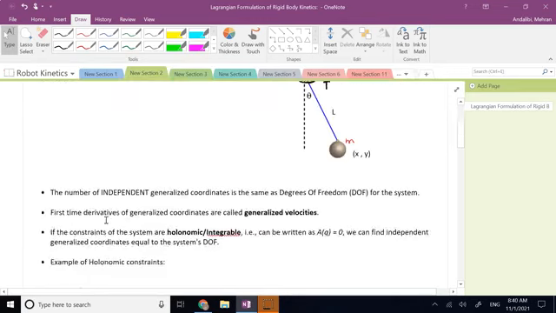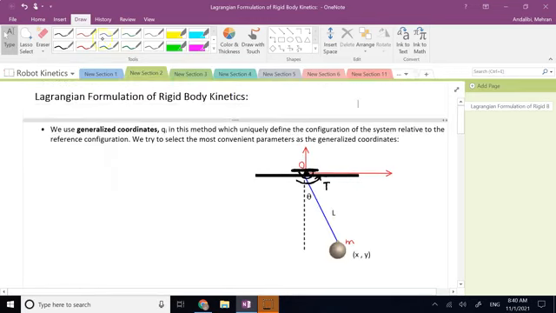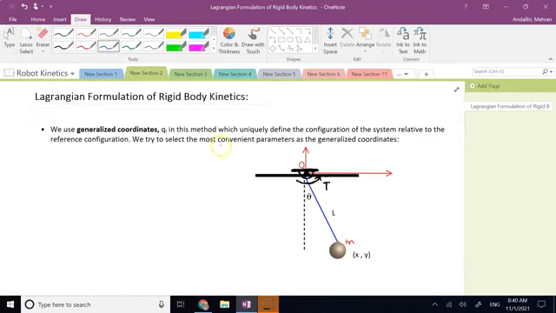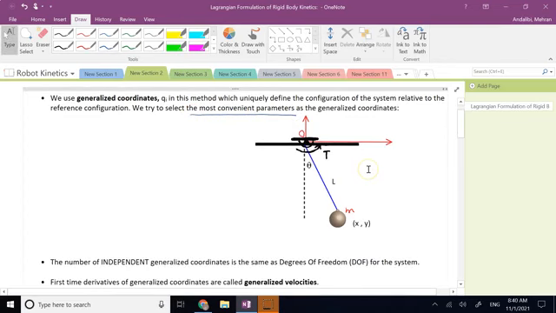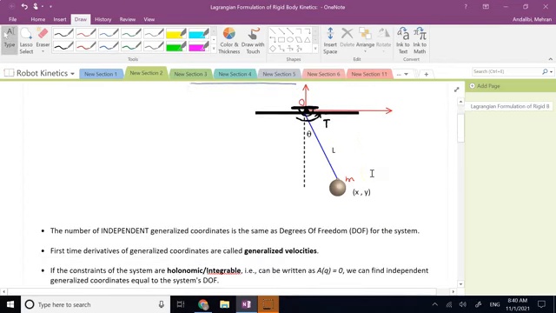Now, the most important thing about these generalized coordinates or Q's is we try to choose the most convenient set of parameters. And the other thing is the number of independent generalized coordinates is the same as degree of freedom for the system.